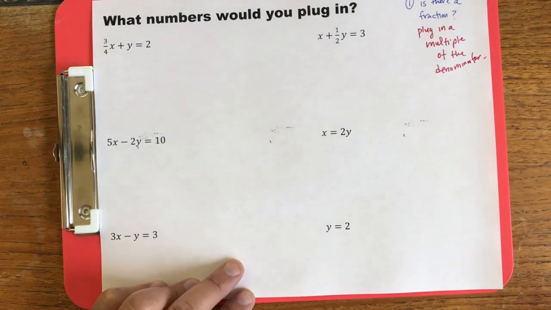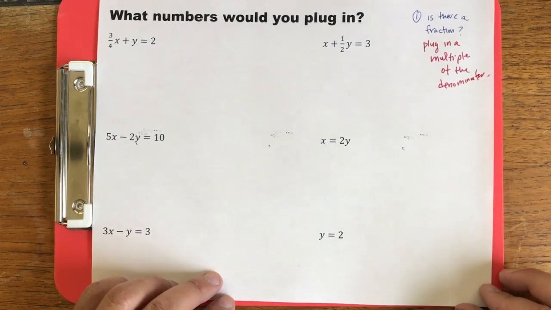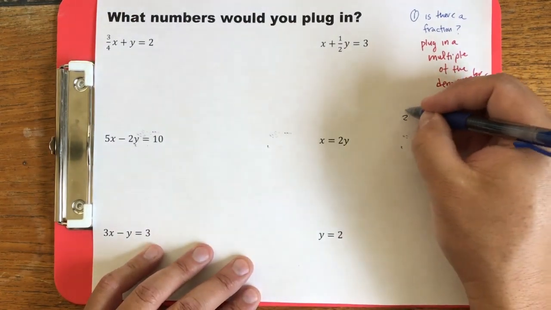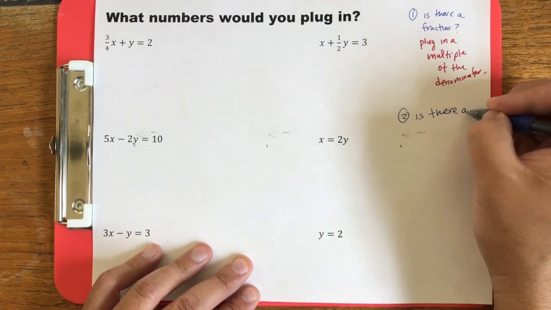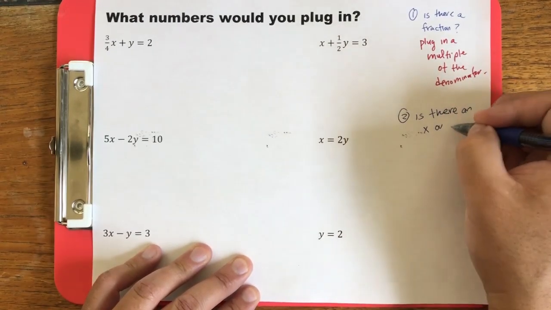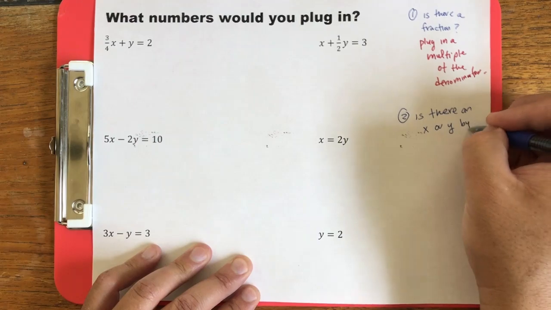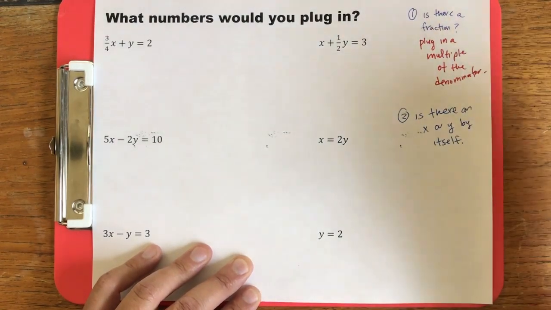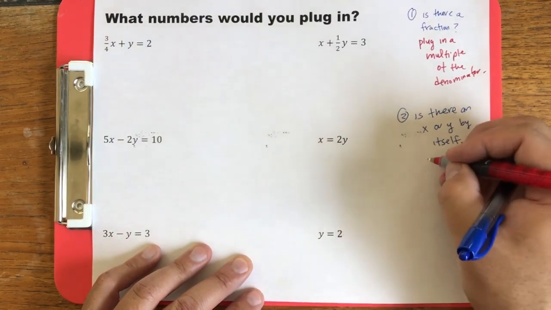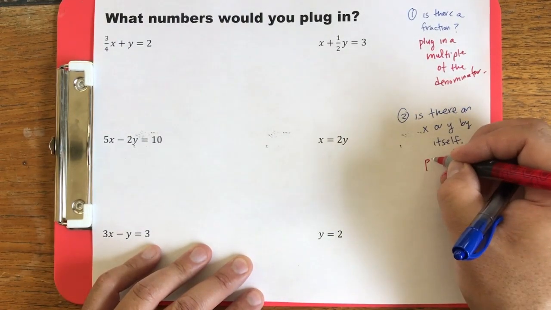If there is no fraction, the next question we ask ourselves is 2, is there an x or y by itself? If there is, we plug in 0, 1, 2 in the other variable.